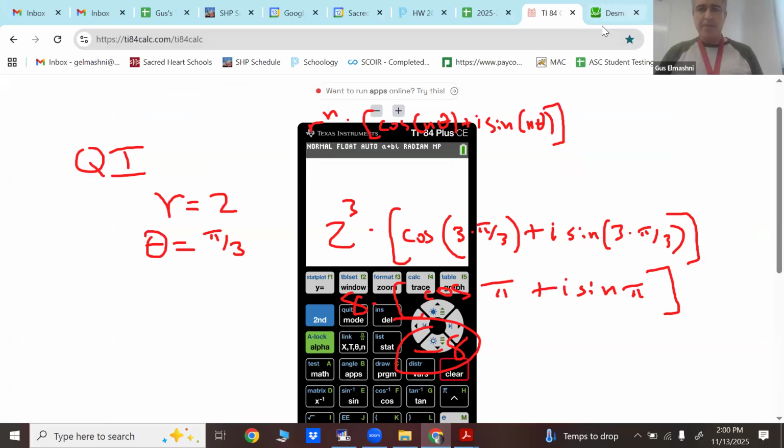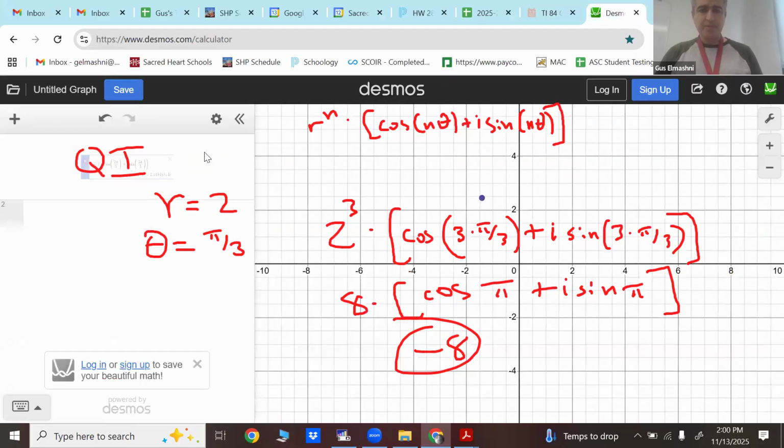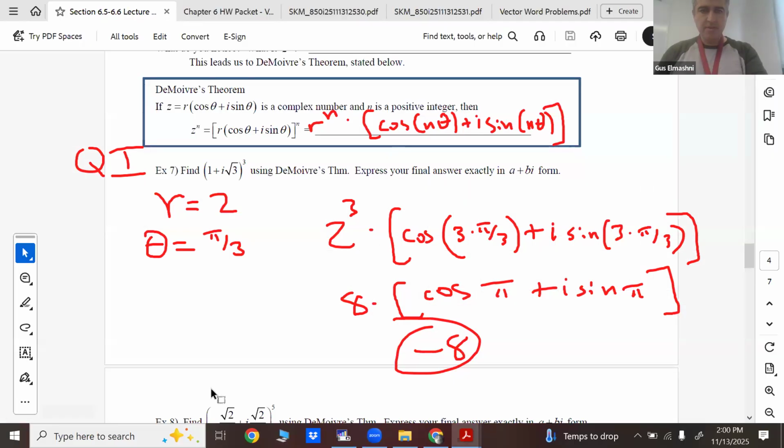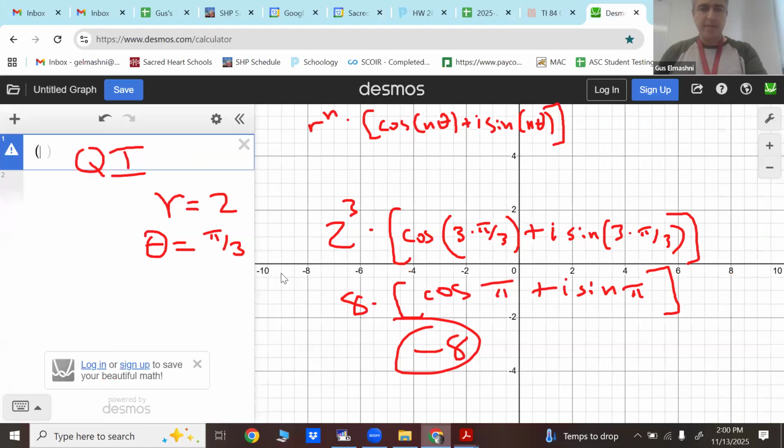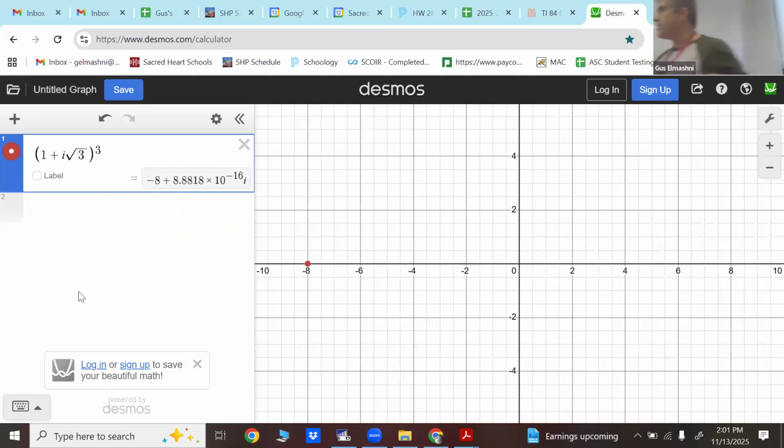But you know, if I go to Desmos and do what was it again? 1 plus i root 3. Yeah, there we go. So 1 plus i square root 3 raised to the third power. Okay, it's kind of funky. Don't let the scientific notation fool you.